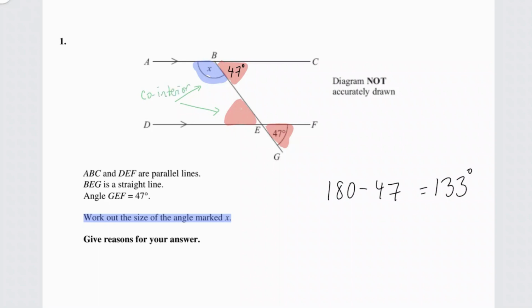Giving the reasons, what we can say is angle EBC equals 47 degrees because it's corresponding to angle EFG.